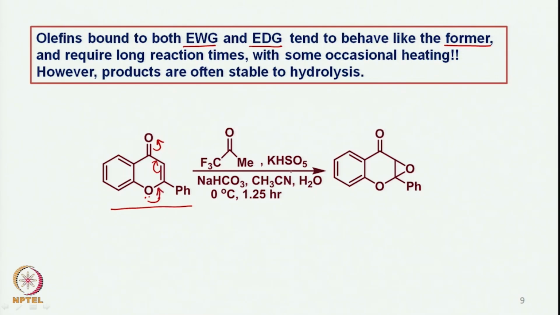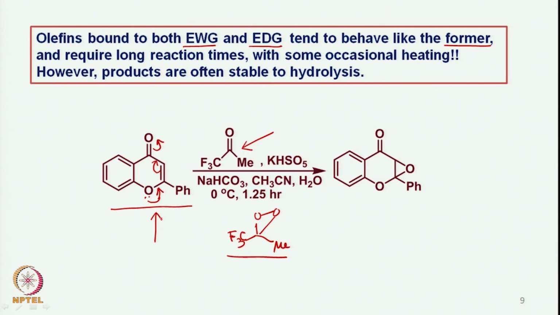When the reaction occurs in an in situ fashion, you can see here the starting ketone is taken as trifluoromethyl ketone, and this is mainly because if the epoxide is to be formed, you need to have a very reactive dimethyl dioxirane, and since there is an electron withdrawing CF3 group present here, the reactivity of this dioxirane is very high.